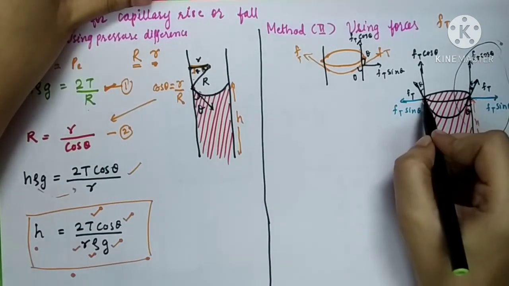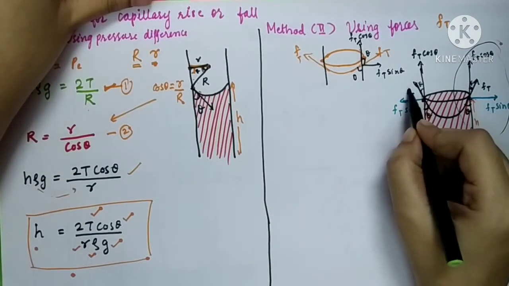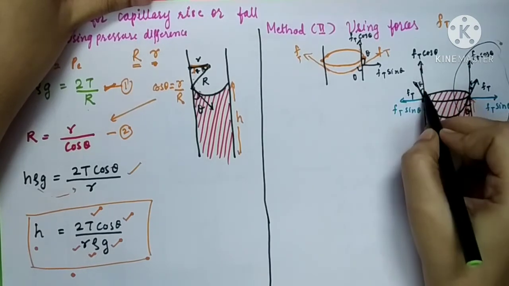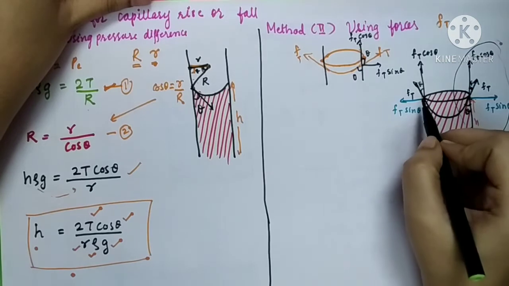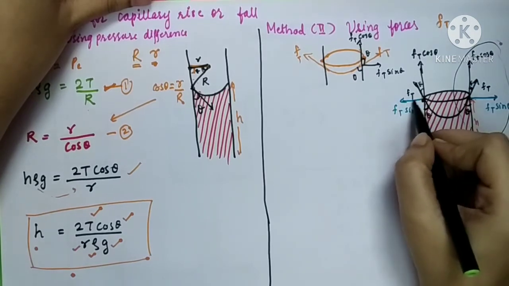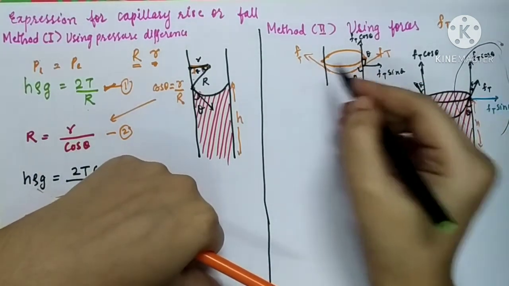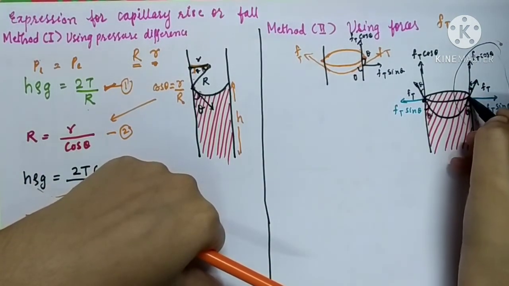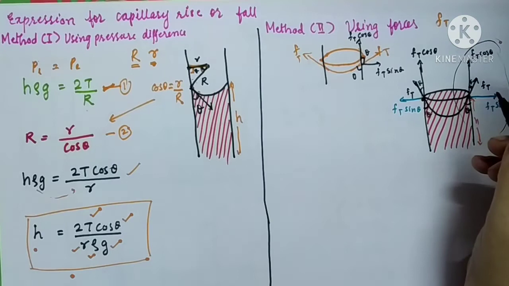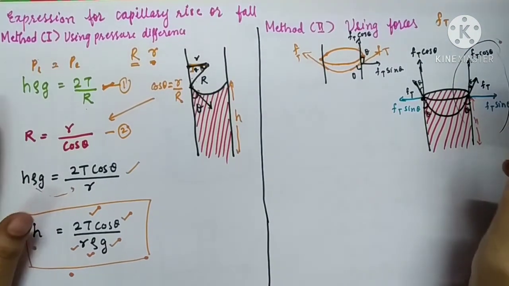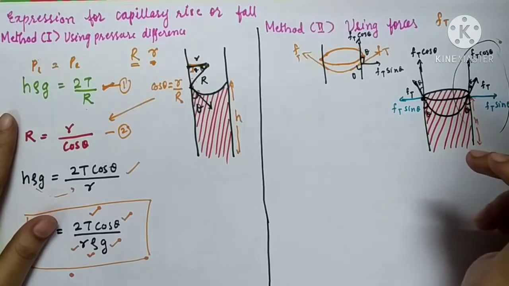Similarly, on the other side of a capillary tube, again this Ft is to be resolved into two parts. Ft cos theta will come along the lining of the capillary while Ft sin theta will appear perpendicular to it. So at a time we have taken only these 2 points. The forces due to surface tension are resolved into two components, Ft sin theta and Ft cos theta.